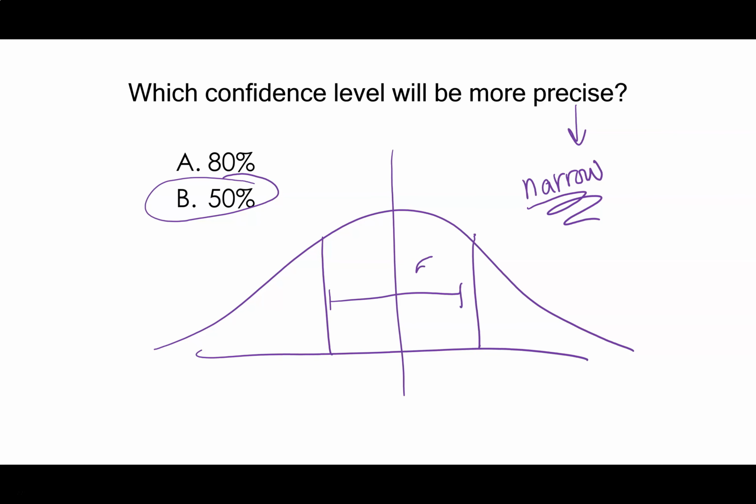This middle 50%. If I want an 80% confidence interval, it's 50% plus some, right? So 80 is 50 plus, so it's wider. So whatever the confidence level is, the smaller confidence level is narrower. The larger confidence level is wider.